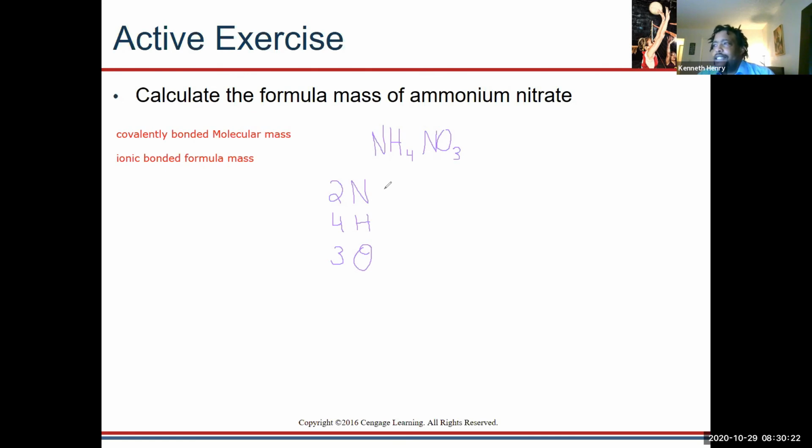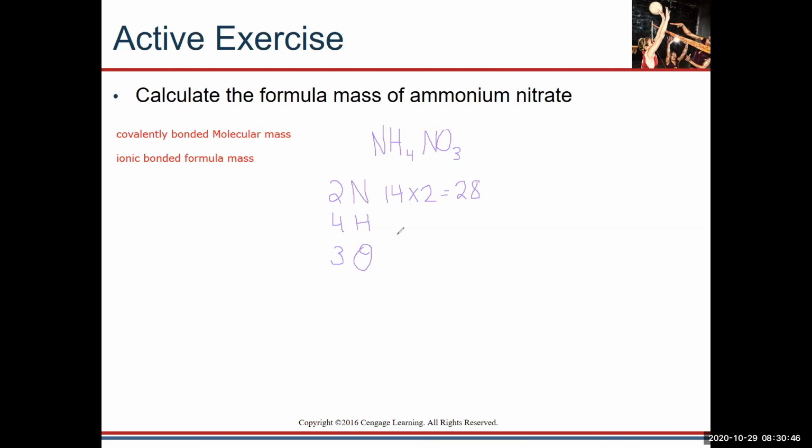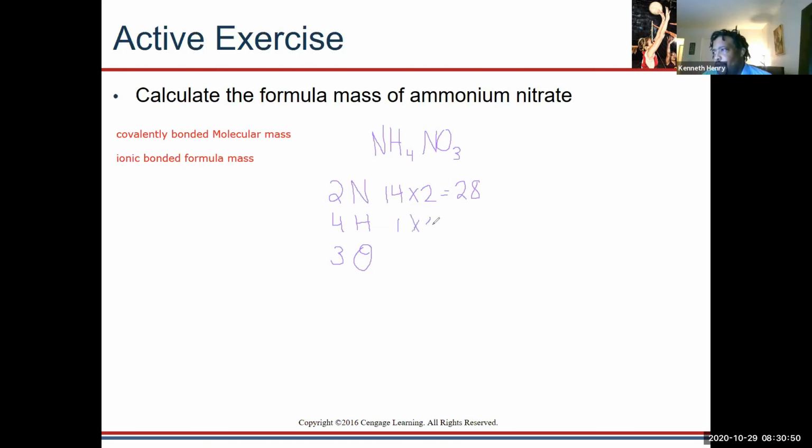Giselle, tell me, what is the mass of nitrogen? 14. We have 2 of them, so that's 28. Okay, Jacqueline, what about hydrogen? 1. And we have 4 of them. 4 times 1 is 4.